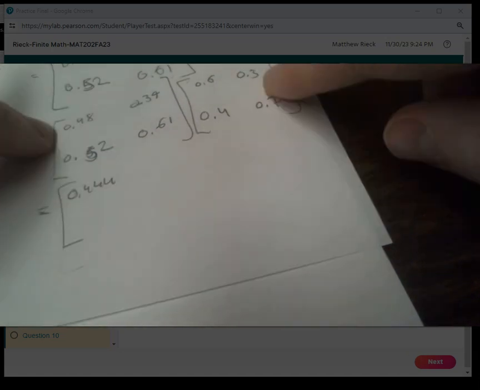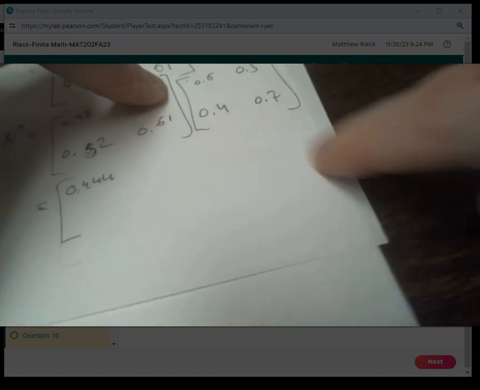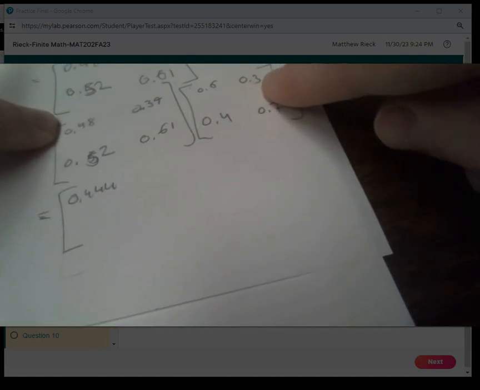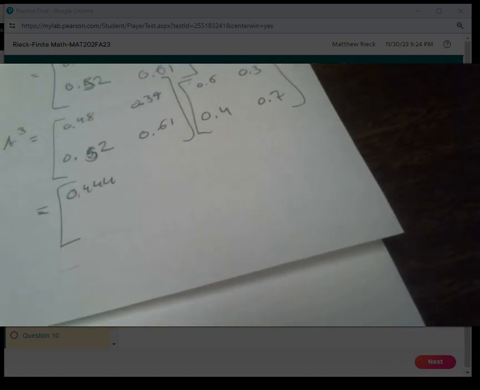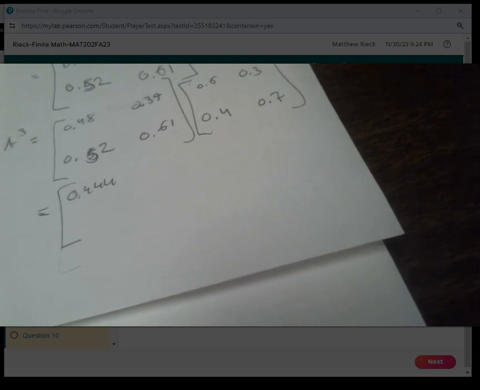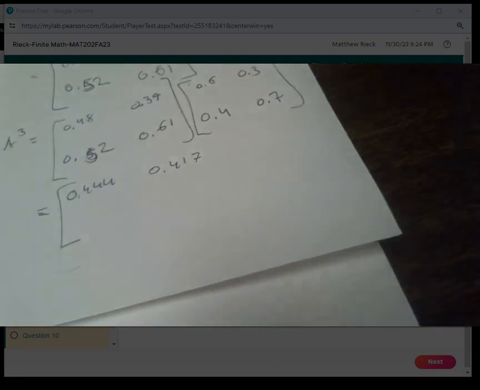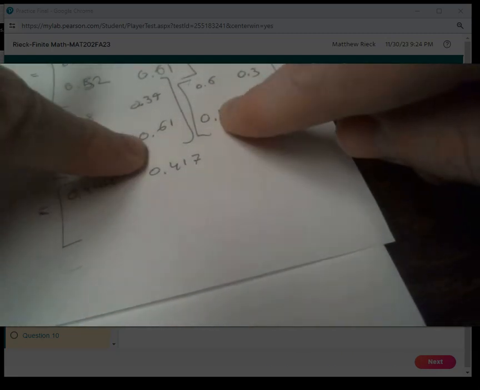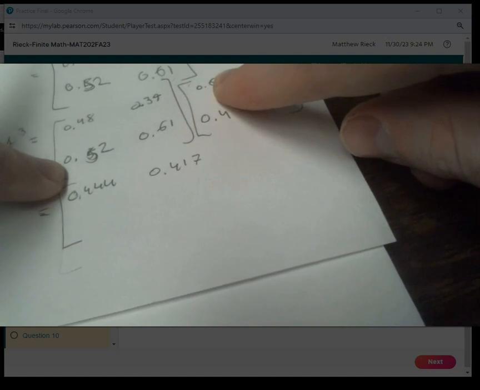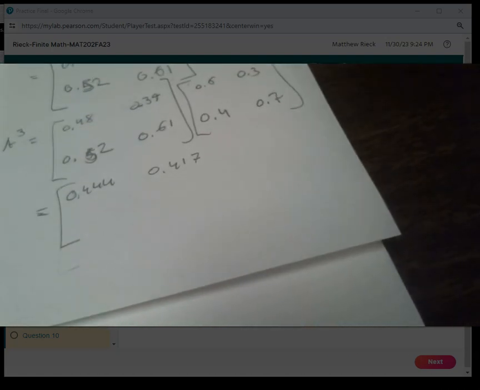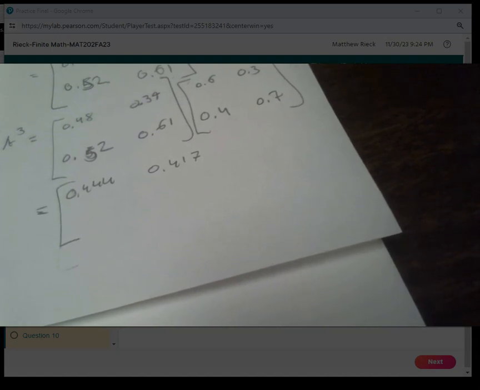And then for the second column, we do the first row down the second column. So you have 0.48 times 0.3 plus 0.39 times 0.7. Then for the second row, first column, we have 0.52 times 0.6 plus 0.61 times 0.4.